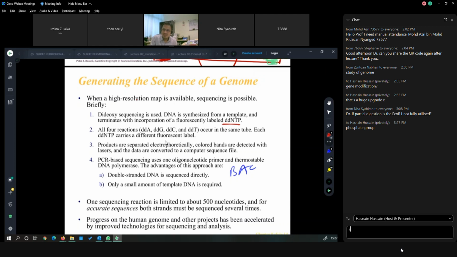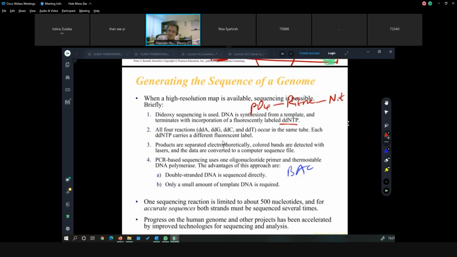So you have a phosphate group, and then you have ribose sugar, and then you have a nitrogenous base, right? This is basically a nucleotide. So you have a nitrogenous base, and then you have a phosphate group over here.